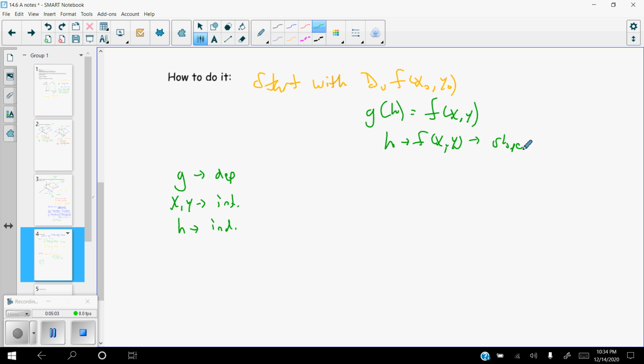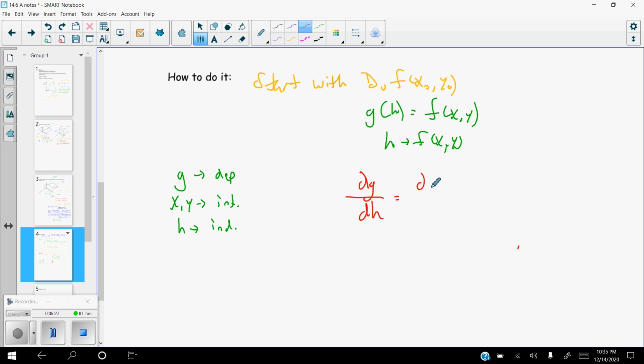So to find the slope of g, sorry, I'm having a hard time with my eraser here. I'm not even going to write it that way. So h is a function of x and y. That's all we really need to say there. So if I want to find dg/dh, those are full derivatives because there's only one independent variable.